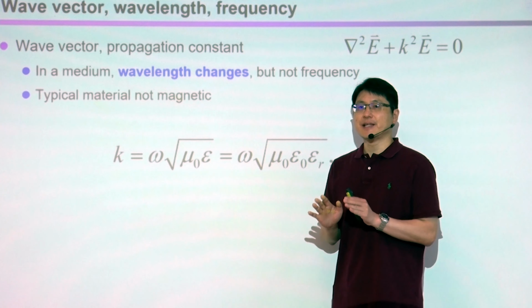So this means whenever you have a material, that material is trying to slow the wave down. And at the same time, it is trying to make your wavelength shorter. Okay. So the material is trying to slow the speed of the wave down by a factor of n, the refractive index, and it's also trying to reduce the wavelength by the same factor.